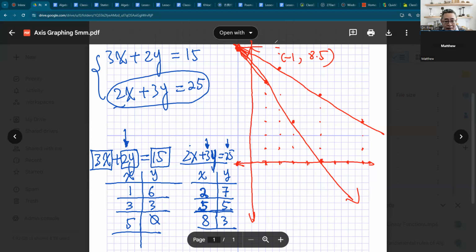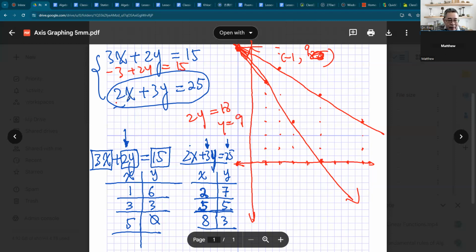Yeah, it looks like it could be 9 here. Let's check. If x is negative 1, so negative 3 plus 2y equals 15, then 2y is equal to 18, then y is 9.